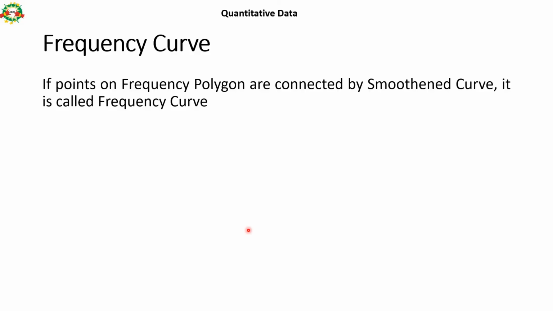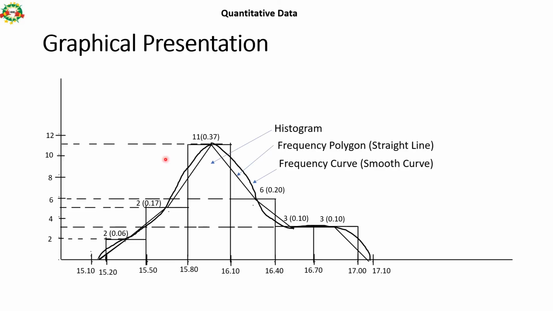And the third one is the frequency curve. If points on the frequency polygon are connected by a smooth curve, then it is called a frequency curve. With this graphical picture you can see.